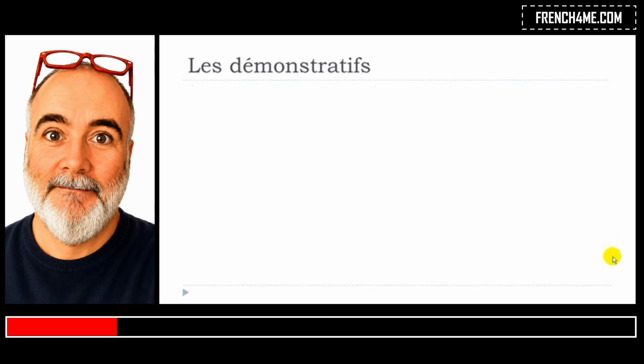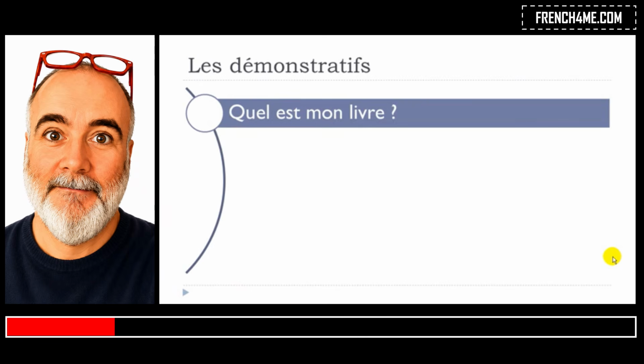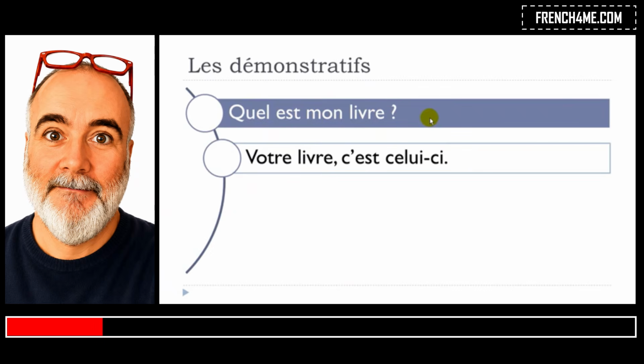So let's see a few examples now. So if you ask a question, quel est mon livre? Okay, what is my book, or which one is my book? All right, and then the answer could be votre livre, your book, c'est celui-ci, this one. Okay, votre livre, c'est celui-ci.